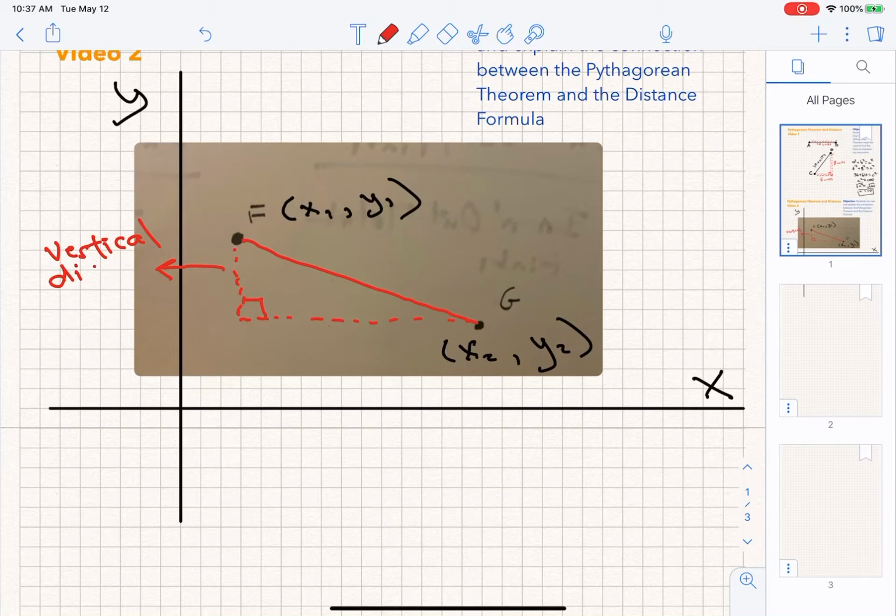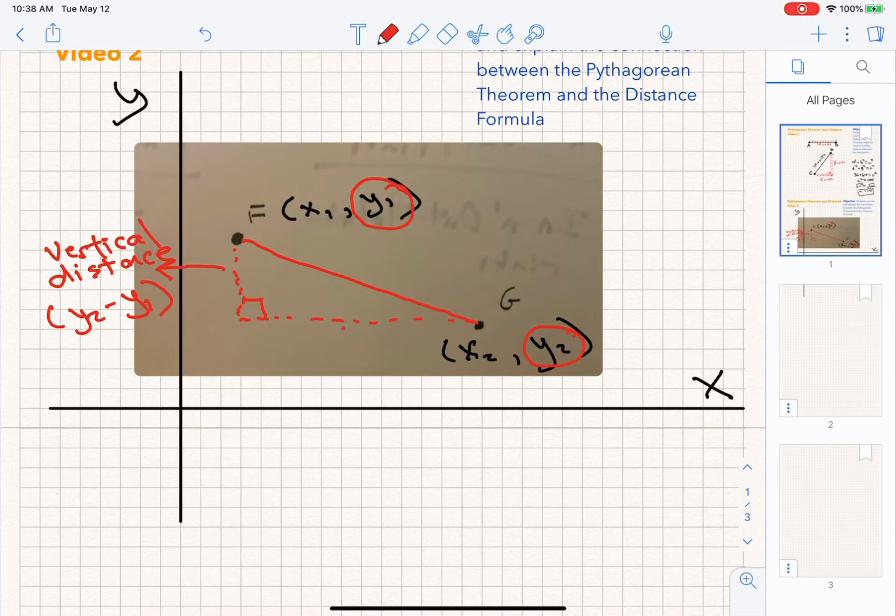We can't just count like we did last time, but we do know that we just subtract. This is going to be y2 minus y1. It's whatever this is minus whatever that is. And frankly, we could go in the other direction too, but we're going to do it this way today.